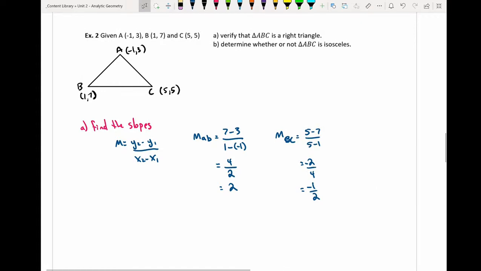And I can see that these two slopes are negative reciprocals of each other. Right? They're flipped and the sign is changed. So therefore, AB is perpendicular to BC. So therefore, it is a right triangle.